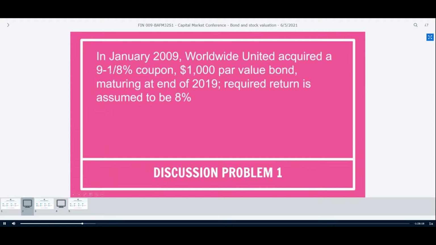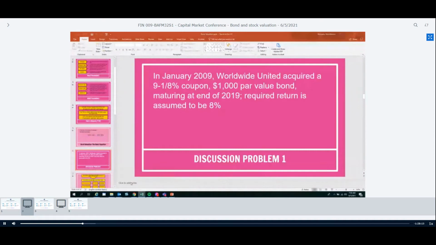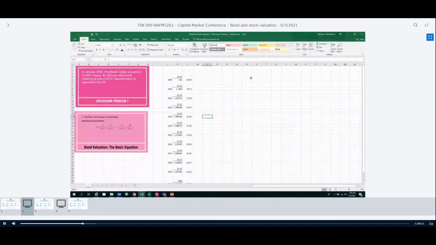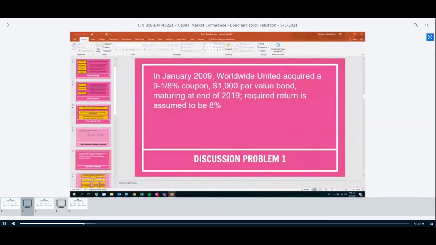The 9 1/8, how is that? Let me get our Excel. 1 divided by 8, so plus 9. In reality, that's 9.125%. No? Just so it's not confusing. So that's 9.125%.